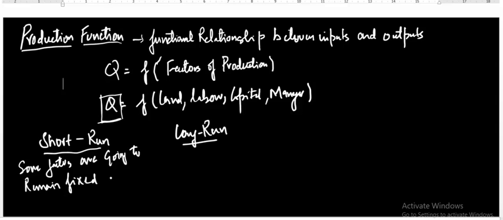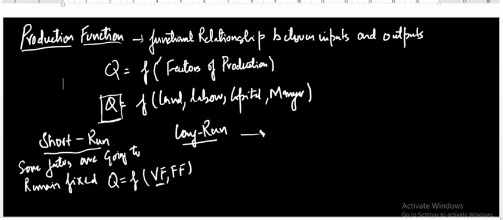So if I talk about the quantity or the output, the quantity of output is going to be the function of some variable factors and some fixed factors. Now these variable factors are those that can be changed in the short run as well, while some of the factors that cannot be changed, they remain fixed.